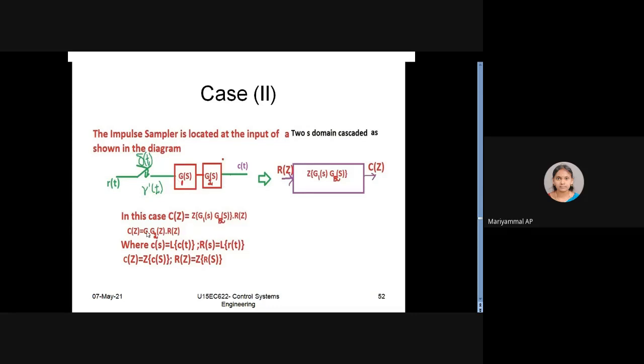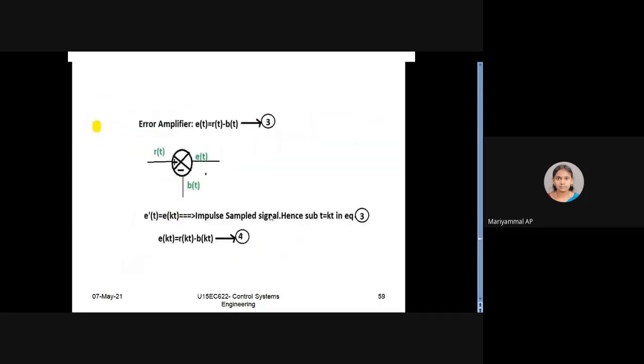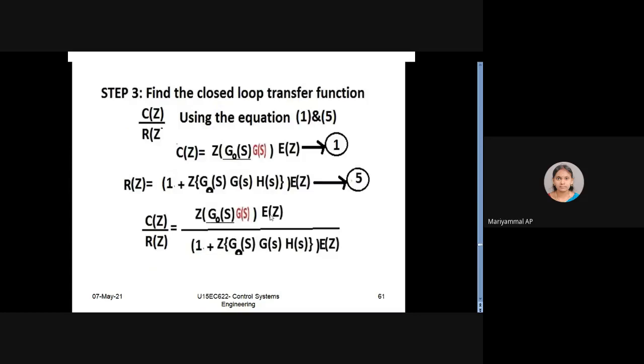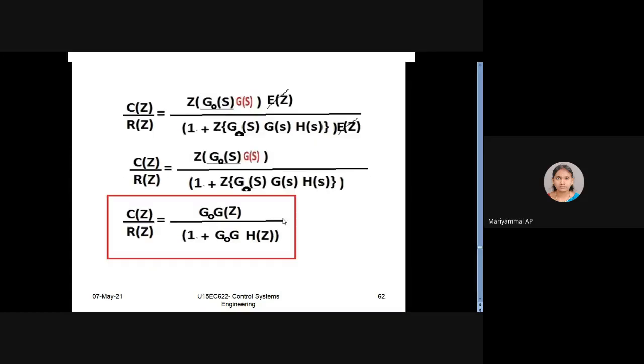So we are taking Z1 and Z2 of Z into R of Z. Based on this property, we are simplifying the given block diagram in this form. That is the final answer. C of Z by R of Z equals G naught G of Z by 1 plus G naught G of H of Z. That is the answer for this, the transfer function of the given question.